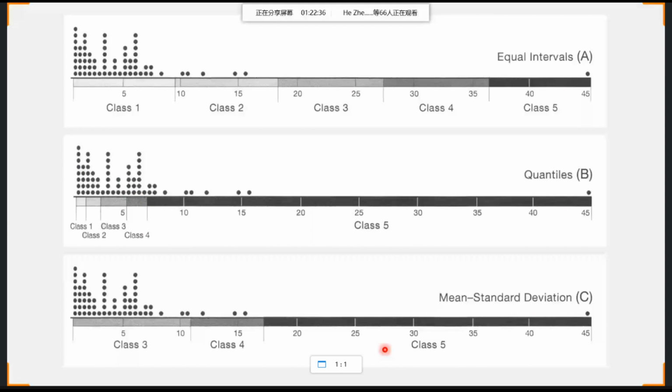So remember, you need a normal curve. You need the bell-shaped curve here, a normal distribution, and we have a positively skewed distribution here. And therefore, don't use mean standard deviation if you have such a distribution of data.